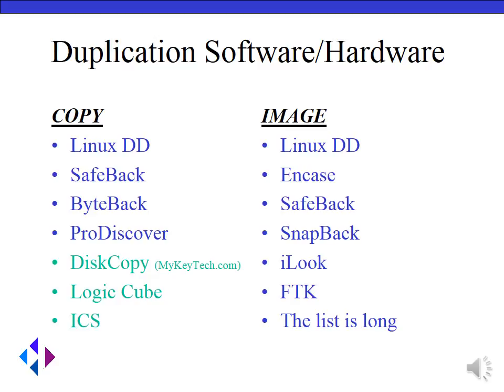The list is long. All that matters is that whatever software or hardware you use, you personally test it, and test it consistently at time intervals, to make sure that new versions work properly and that it is properly making either a copy or an image file.